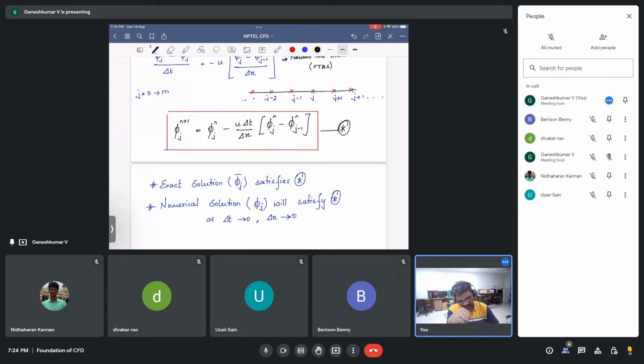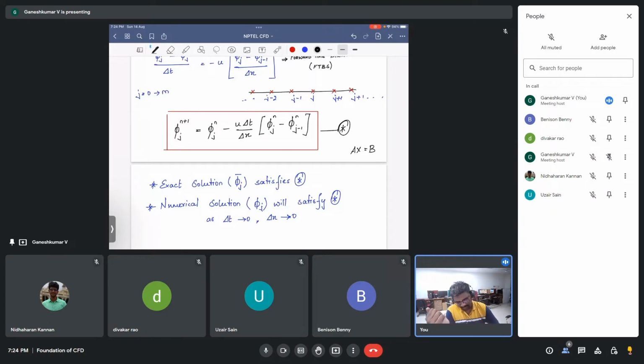It comes up in the Ax equal to b format. Of course, in this explicit formulation we need not solve anything, because on the right hand side everything is known and only the left hand side is unknown. So you just need to substitute the values.